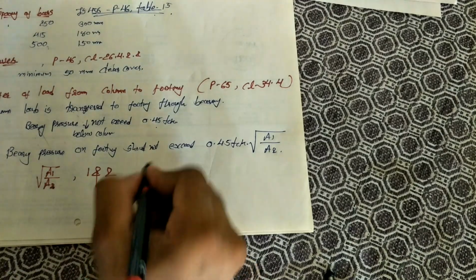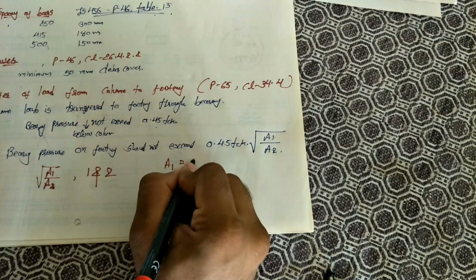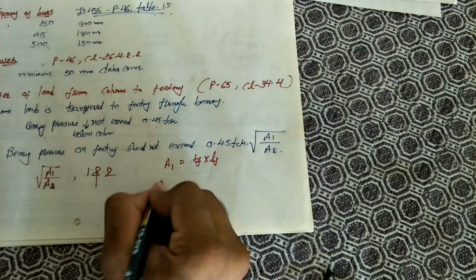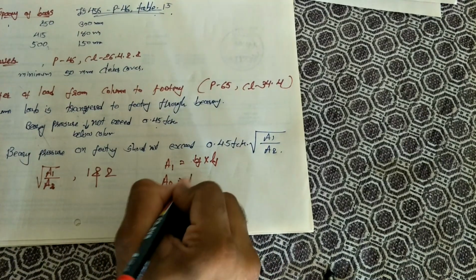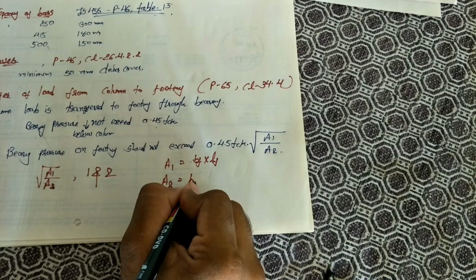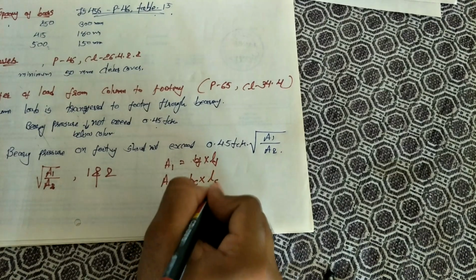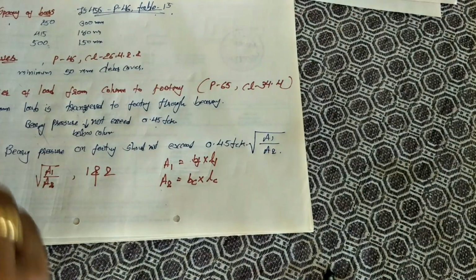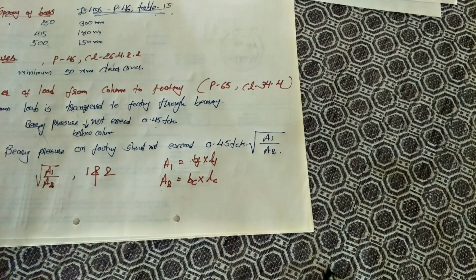So A1 is the area of footing and A2 is the cross-sectional area of column.